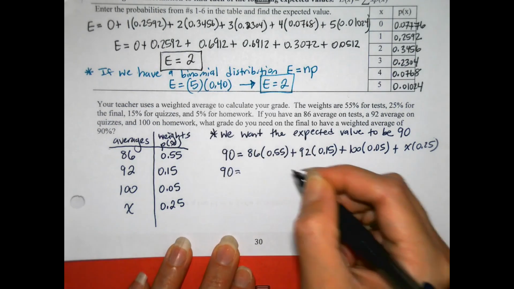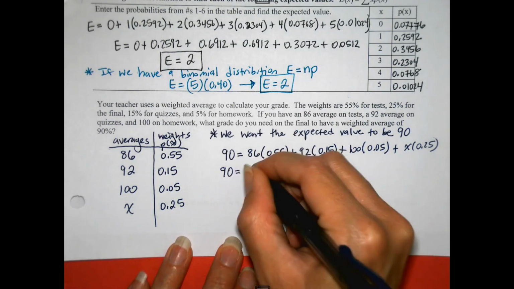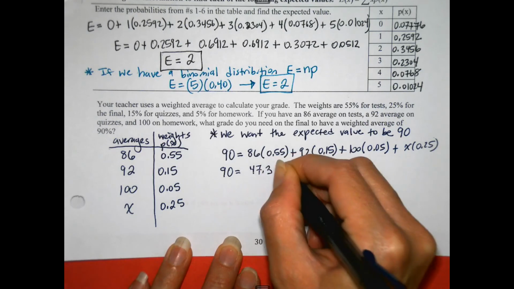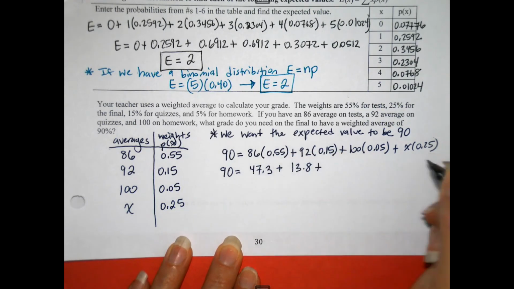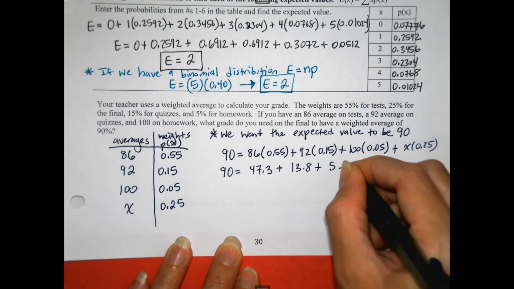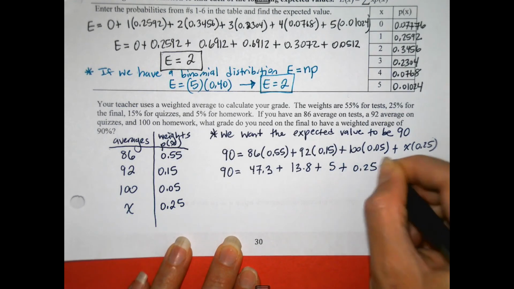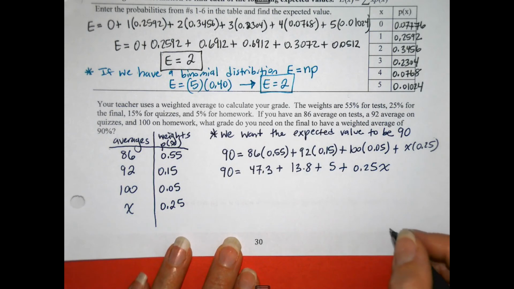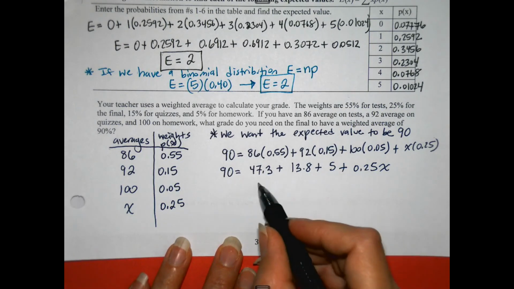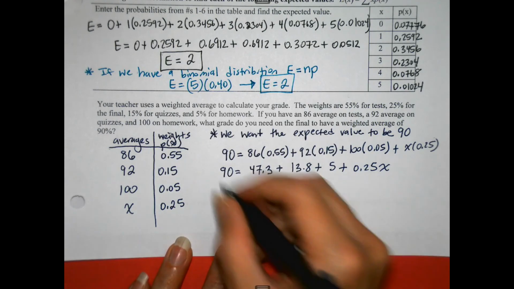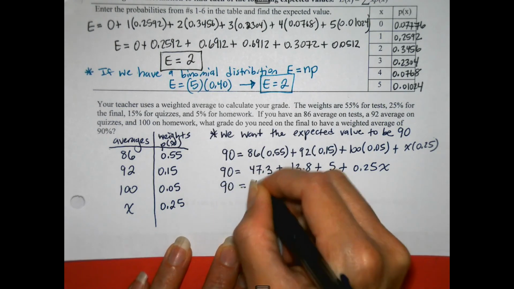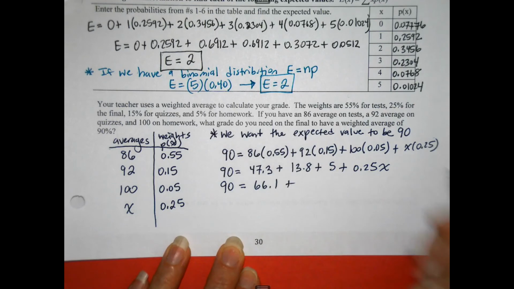When I multiply, I end up with 47.3 plus 13.8 plus 5 plus 0.25x. I'm going to combine my like terms here. When I add 47.3, 13.8, and 5, I get 66.1.